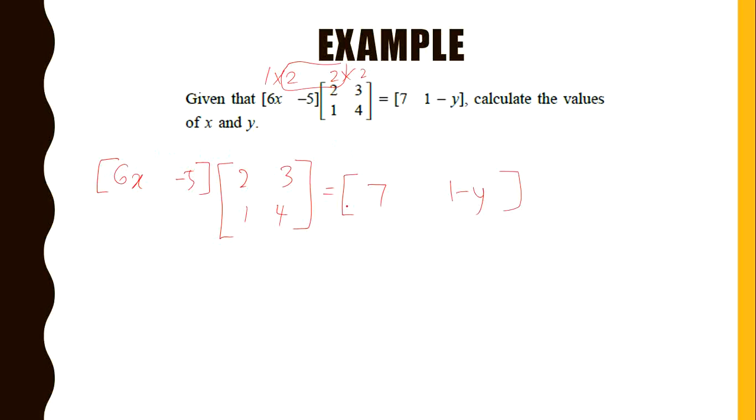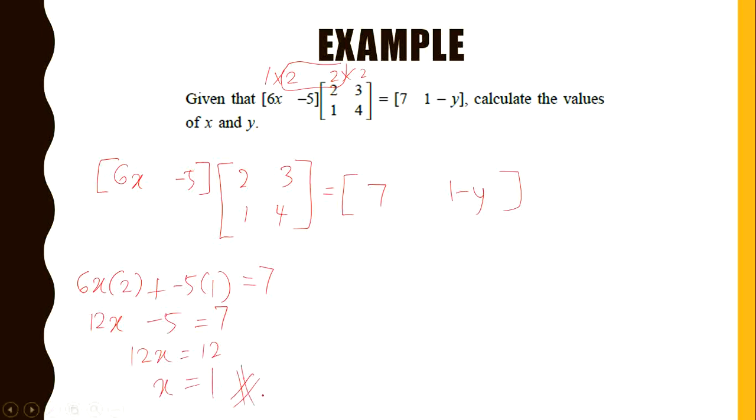Okay. So let's look. To get this 7, the process is 6x times 2 plus negative 5 times 1. Then it gets 7. So we have here 12x minus 5 equals 7. 12x equals 12 and x will be 1.